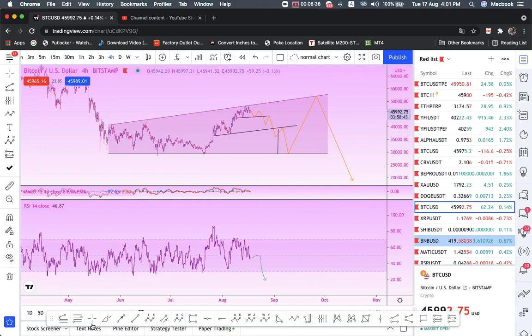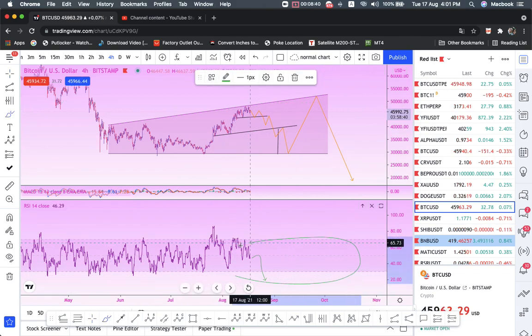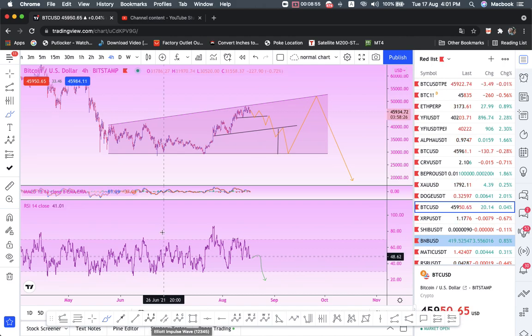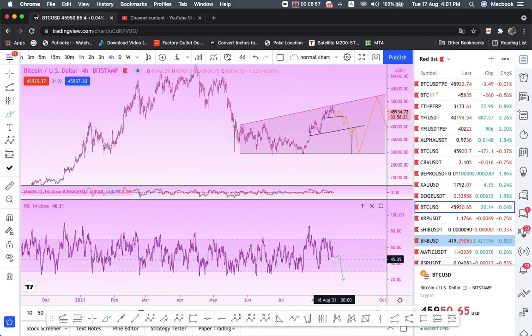But it all depends on the RSI as well, and the fundamentals of the market. There's two types of concept. One is the fundamental, one is the technical. So technical, for now, I'm expecting a reset, but fundamentally, it is bullish.